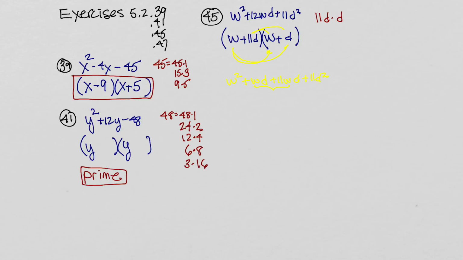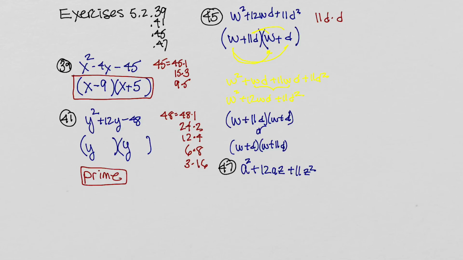These two terms here are going to add, so we're going to get w squared plus 12wd plus 11d squared, and that's what we're looking for. So we've got the correct factorization. So let's just summarize it now. This is going to factor as w plus 11d and w plus d. Or, if you like, you could have written this as w plus d, w plus 11d, because multiplication is commutative.